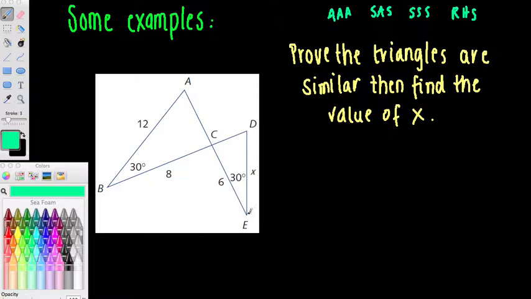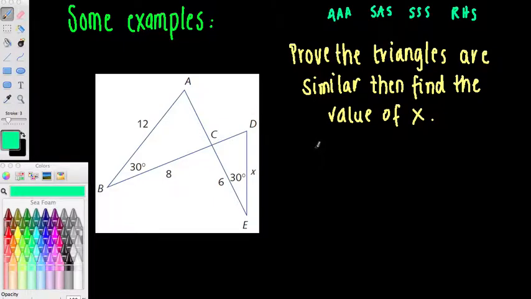So I don't have an SAS proof, because as you can see, this side here, the x, it's not shown. So I couldn't show that the ratio of two sides was the same if I don't have that side there. So what else could I do? Well, obviously I can't then do SSS, there's not enough sides. I can't do RHS because there's no right angle. Not that I know of, at least. It doesn't look like there is.